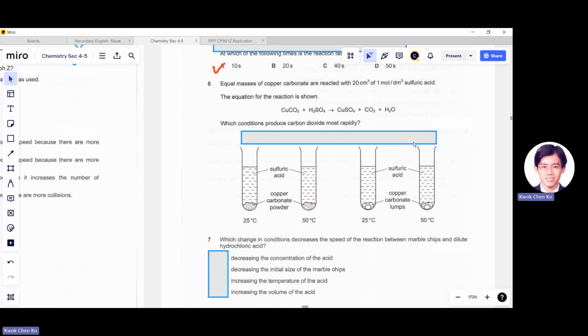But seriously, Jinjie, you may be asked to calculate number of moles for the limiting reactant.